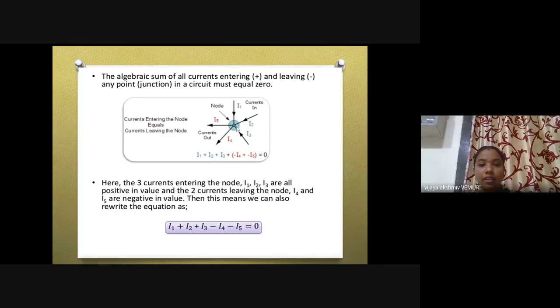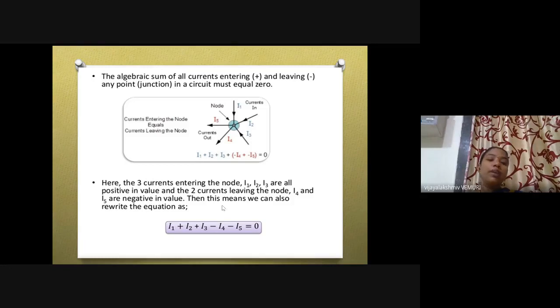I2, I3, I1. What are the currents leaving? I5, I4. If you mention the entering currents as positive and leaving currents as negative, then I1 plus I2 plus I3 minus I5 minus I4 is equal to 0. This is the meaning of algebraic sum.